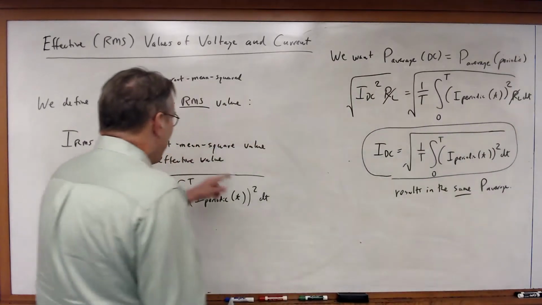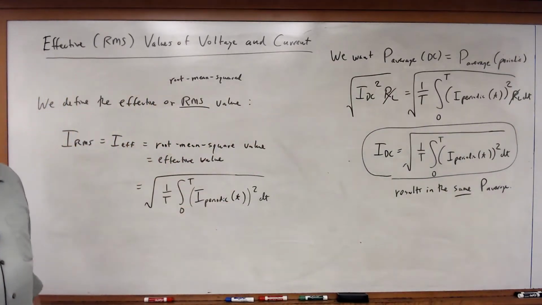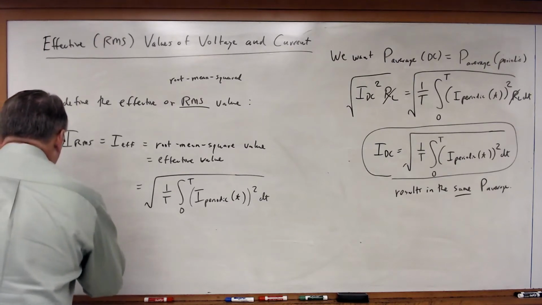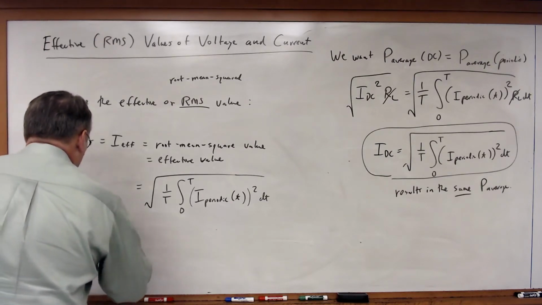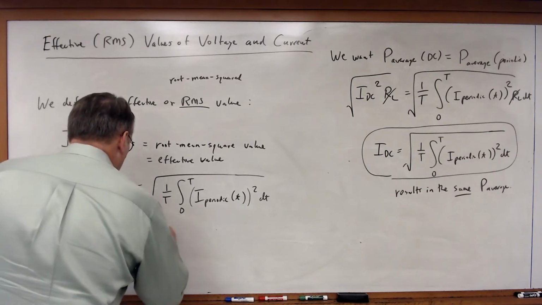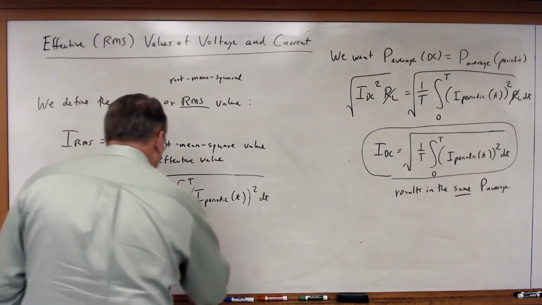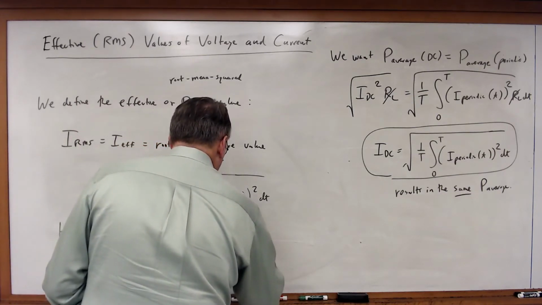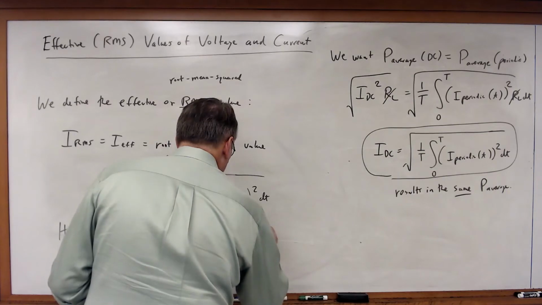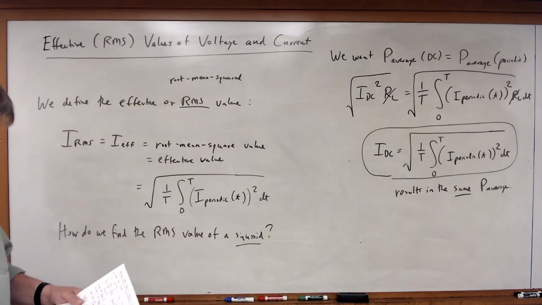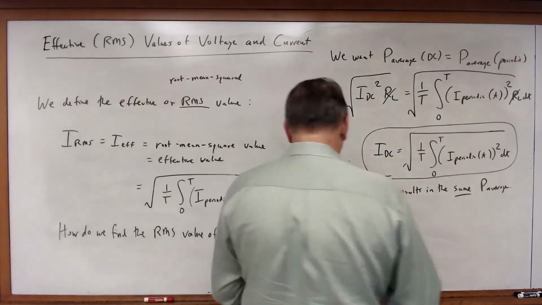First of all, how do we calculate the RMS value of a sinusoid? Because obviously that is the kind of periodic function we care about. And we're going to do it this way.